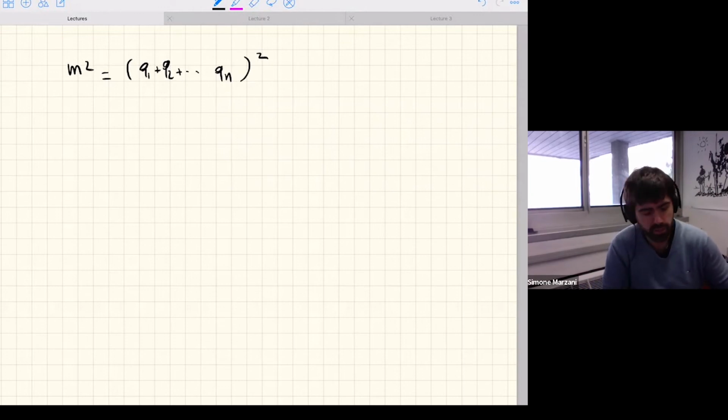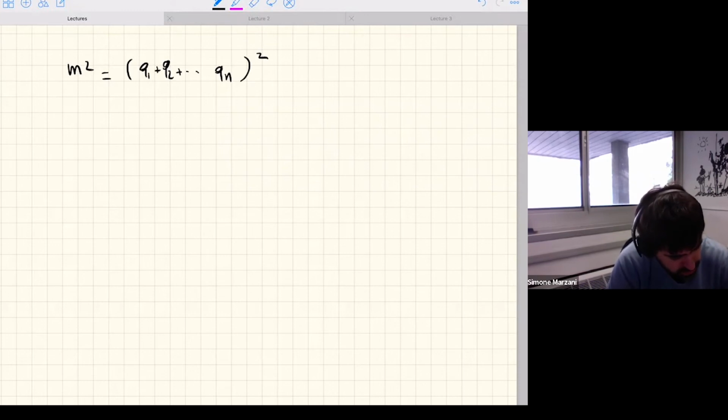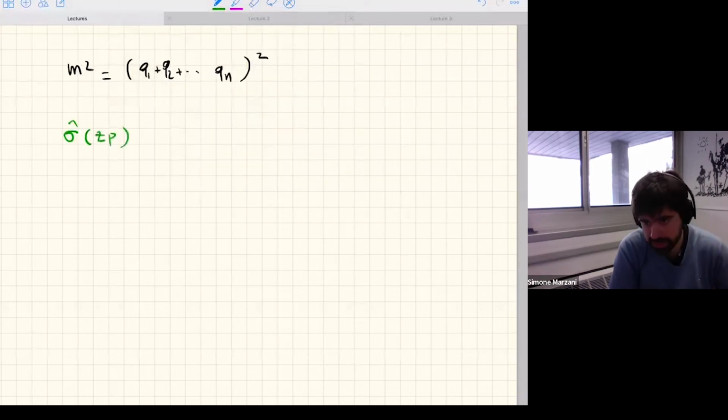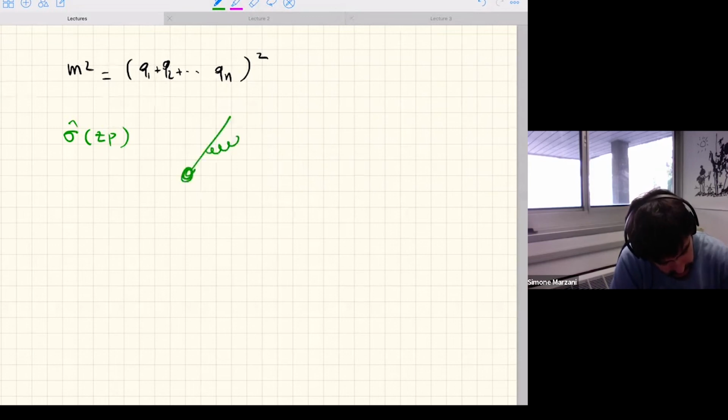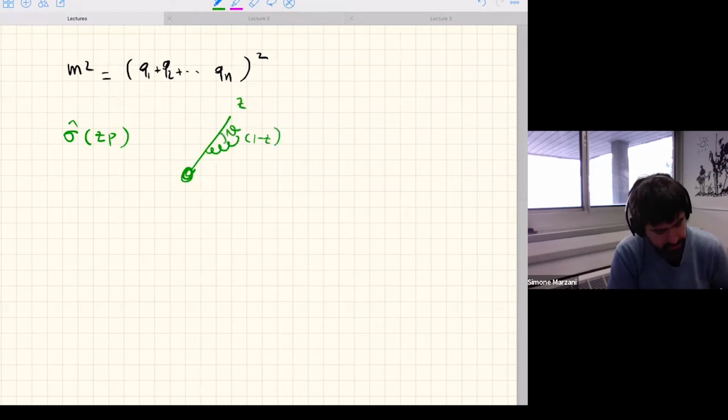And why is this the case? Well, the partonic cross-section, in the way we defined it, sigma hat, depends on z times the momentum of the incoming proton. Let's imagine this situation. We have an incoming proton, and we have an emission. This takes away 1 minus z, this is z, and this is theta.